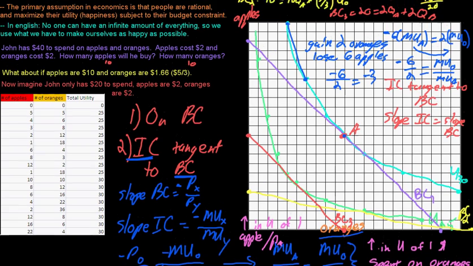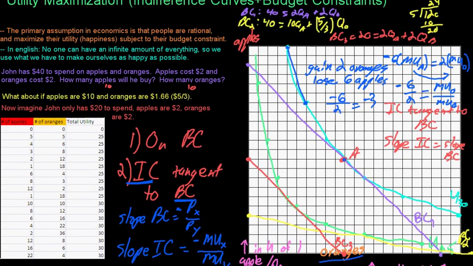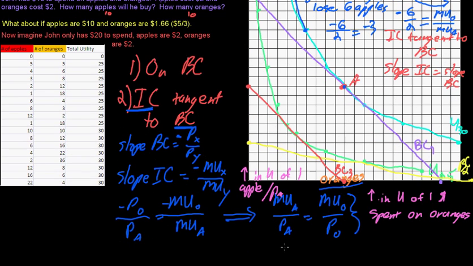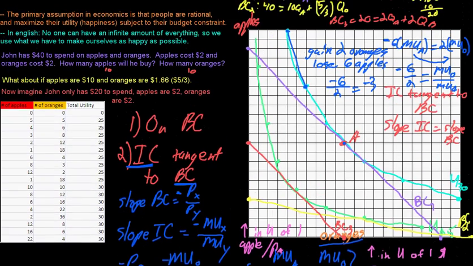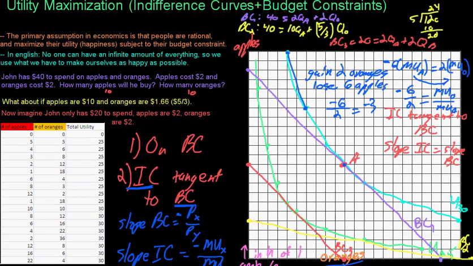So then I just want to go through, this is the last theoretical thing that we have to get to, is this guy right here. Then I just want to get back to some easier examples. So now what about if we're on budget constraint 2? If apples are $10 and oranges are only $1.66, then we can see that the budget constraint is tangent to the indifference curve right here at point B. And so that will be 1, 2, 3, 4, 5, 6, 7, 8, 9, 10, 11, 12 oranges.